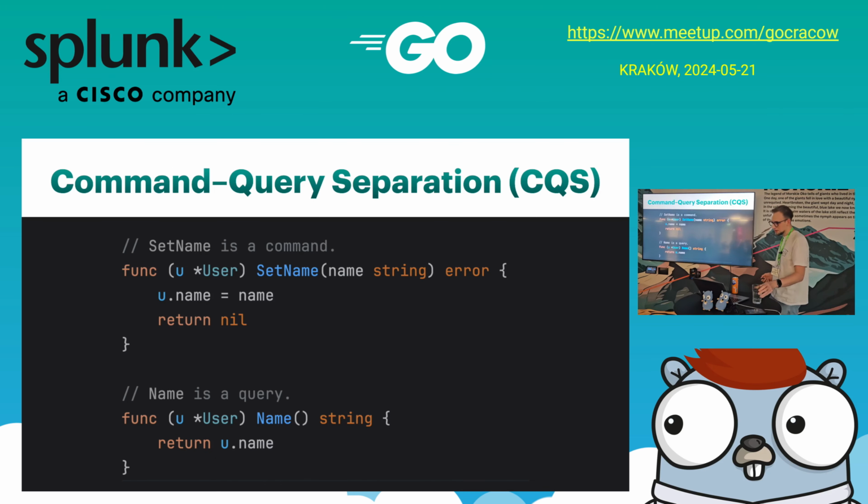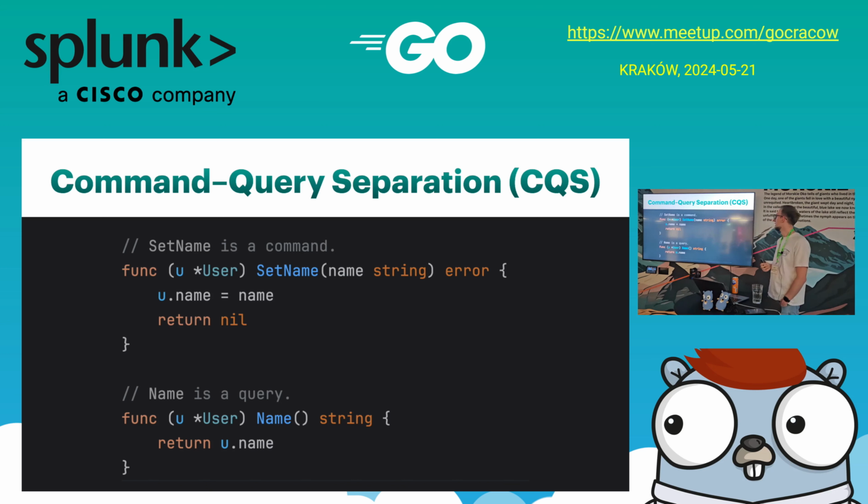So CQRS goes back to CQS, which is an old idea, I think, from OOP, that separates methods of an object or a struct in Go into two categories, right?